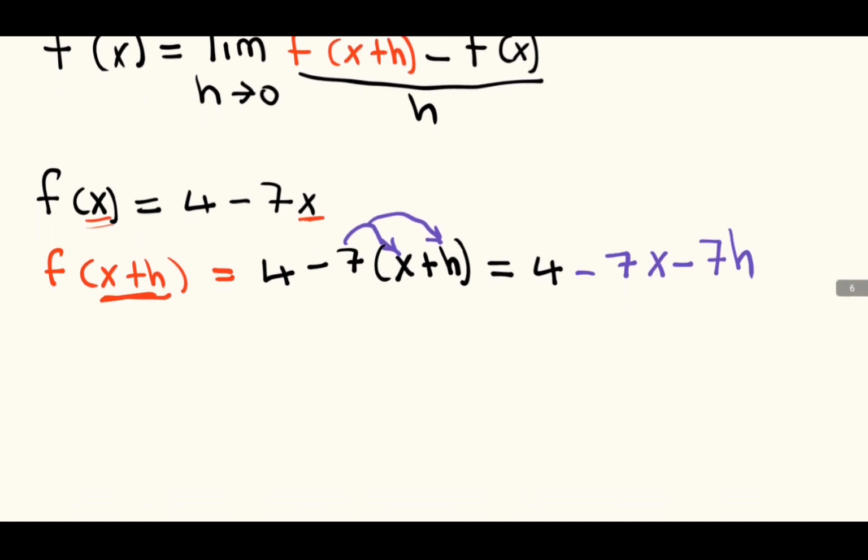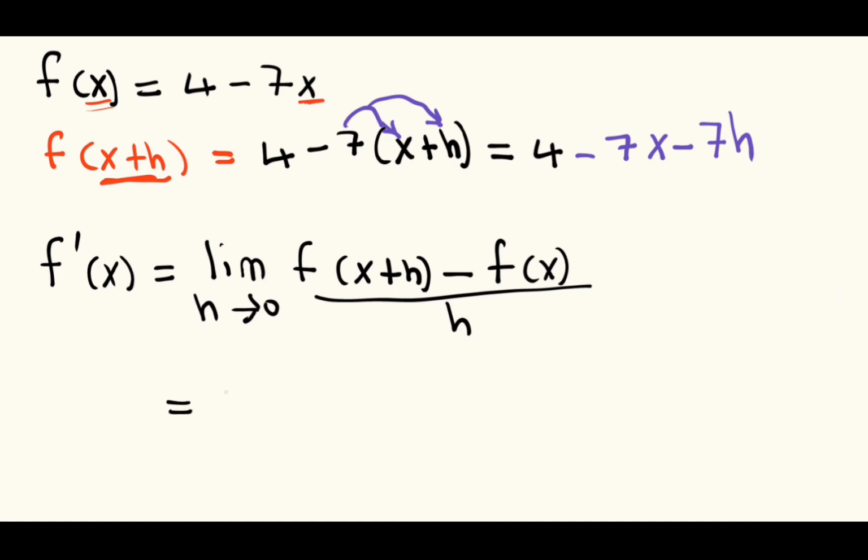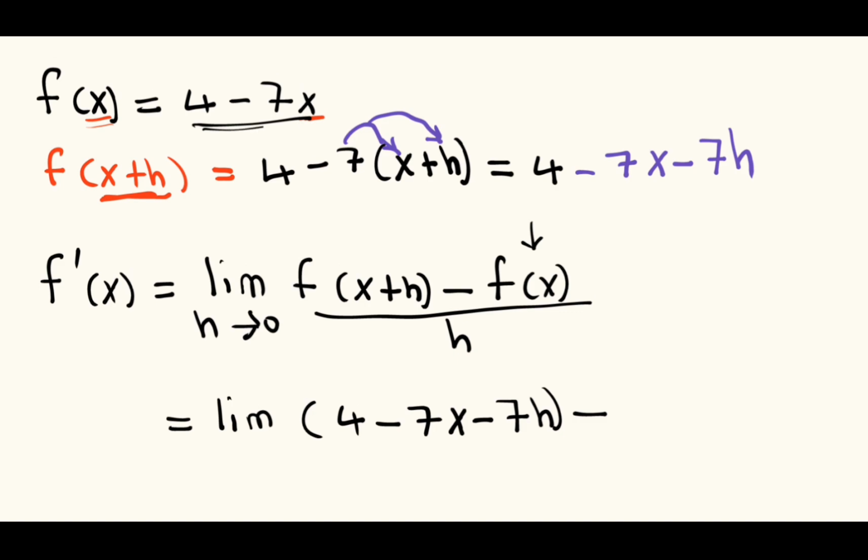So from here, we can go and substitute into our formula. So we have f prime of x is equal to the limit of f of x plus h minus f of x divided by h as h approaches 0. So we have determined f of x plus h as 4 minus 7x minus 7h, minus the f of x, which we were given as 4 minus 7x.